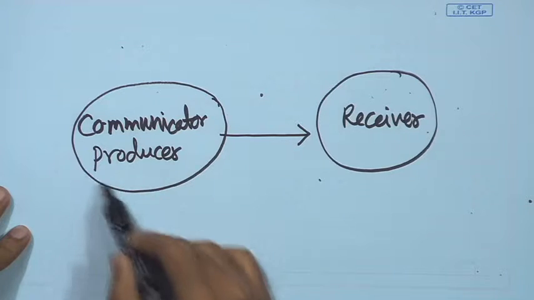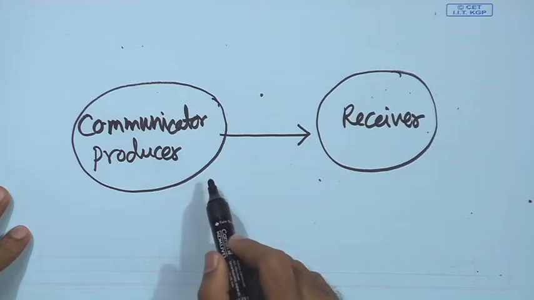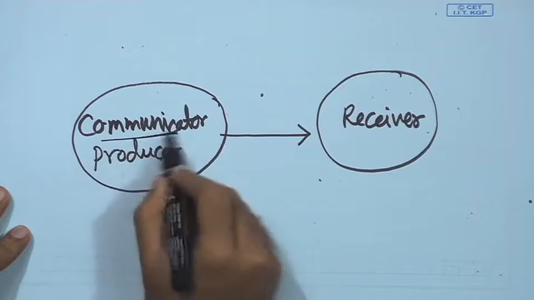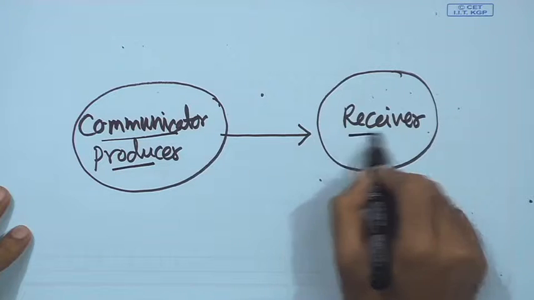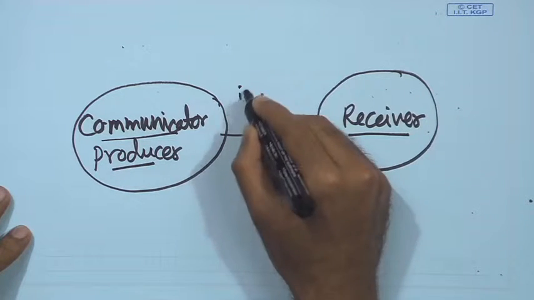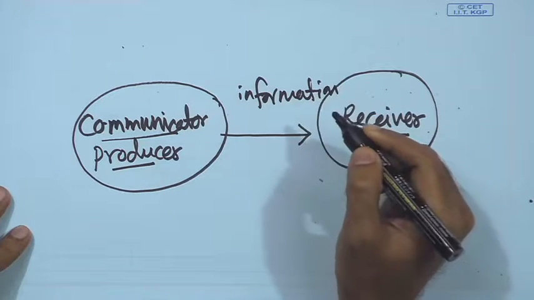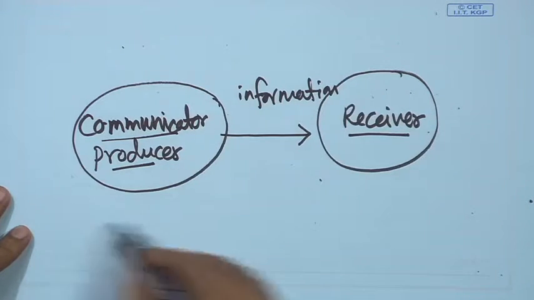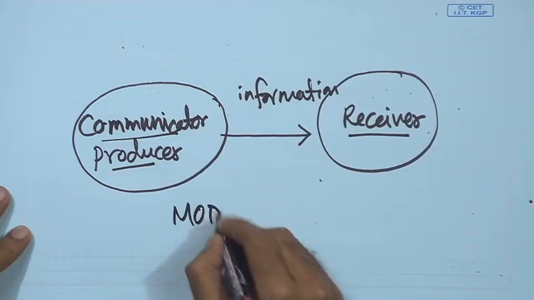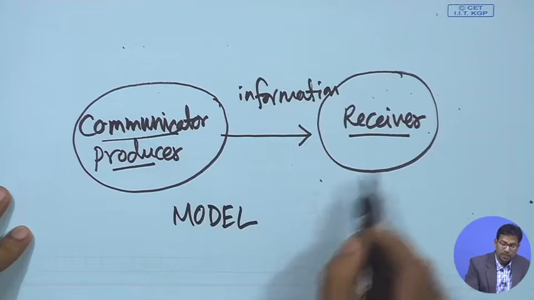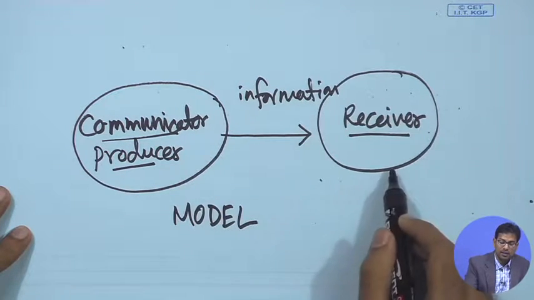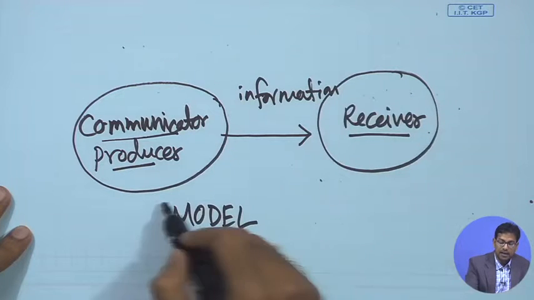So, we talked about communication. When we talked about communication, we talked about the communicator or the producer and the receiver of some kind of information which takes place.